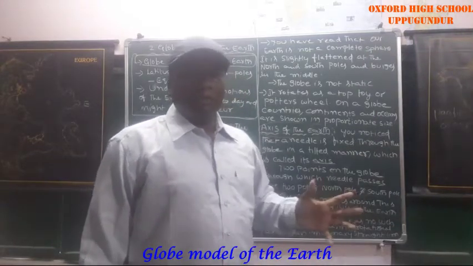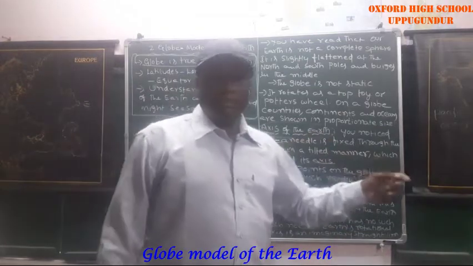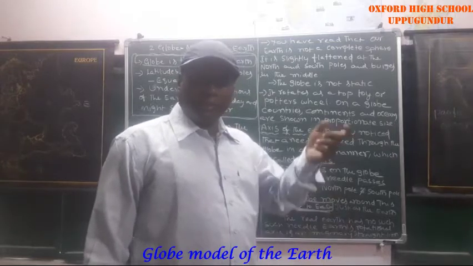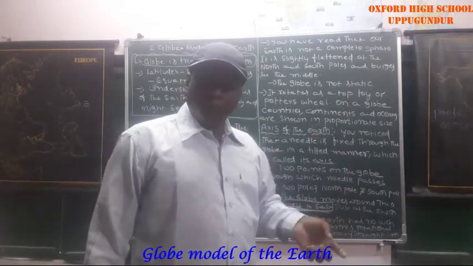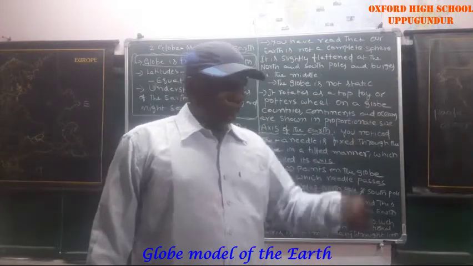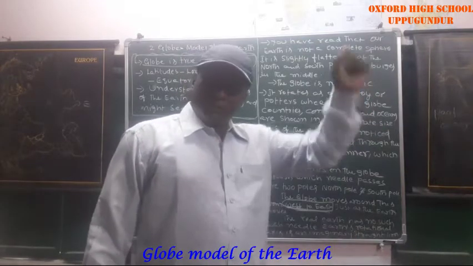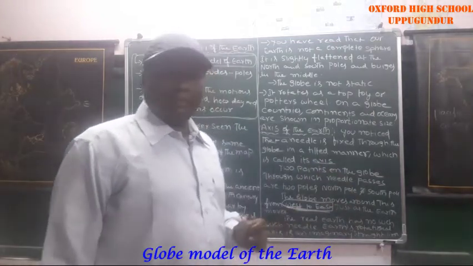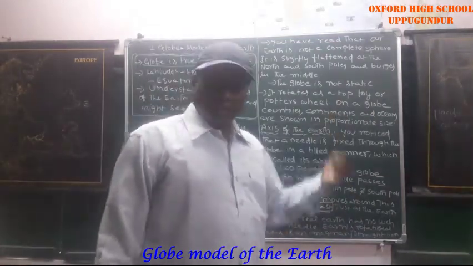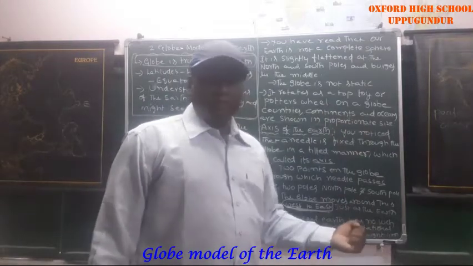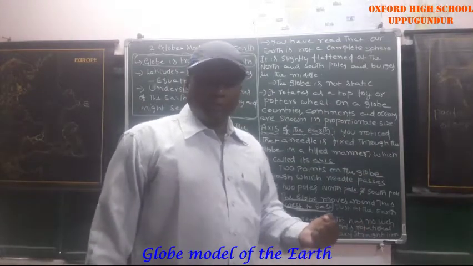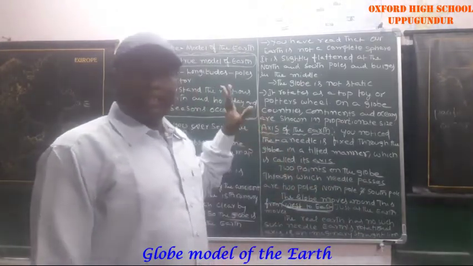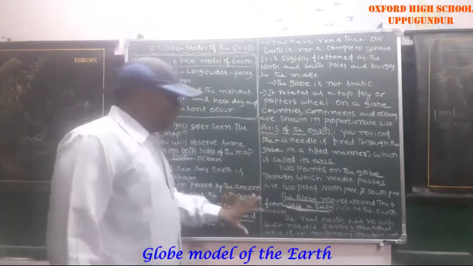Then regarding the axis of the earth, I explained to you: the axis is nothing but a needle passing through the globe, with a north pole and a south pole. The real earth does not have such an axis. For imaginary purposes, we say an imaginary line passes from the north pole to the south pole. That is the axis of the earth. All those things we discussed in this class. Everybody understood? I think so.